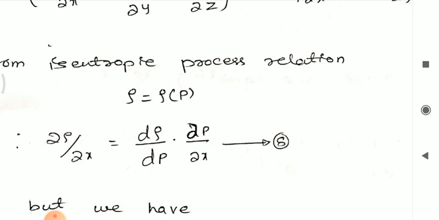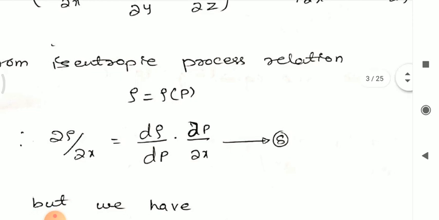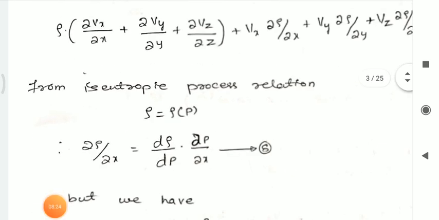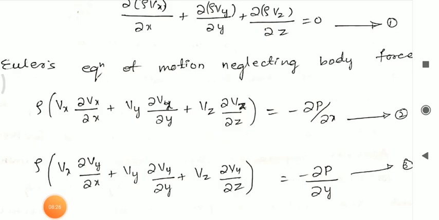For dou p by dou x, if you remember equation 2, what was our equation 2? This one: minus dou p by dou x equals rho into Vx dou Vx by dou x plus Vy dou Vx by dou y plus Vz into dou Vx by dou z. This is our equation 2.